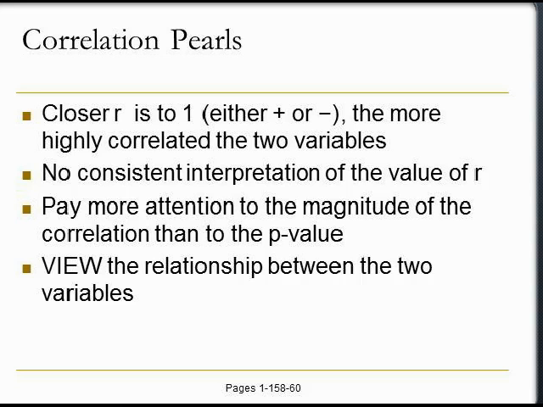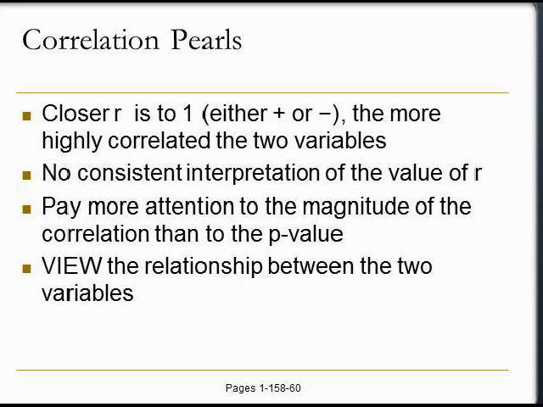But in a clinical setting, an R value of 0.5 or 0.6 might be very important. So I can't tell you an R value of 0.5 is important, or an R value of 0.3 is important. It depends on the situation and on the thing being studied.